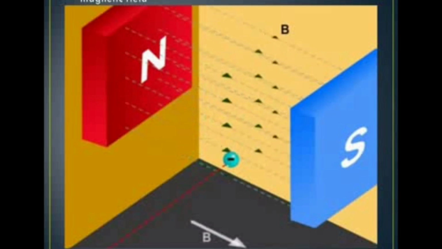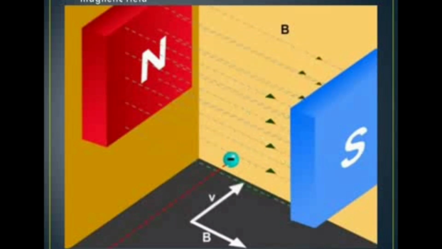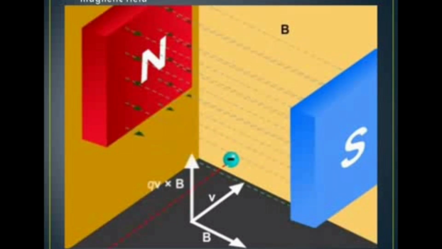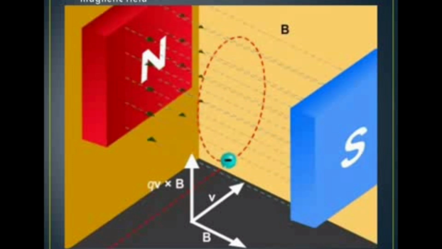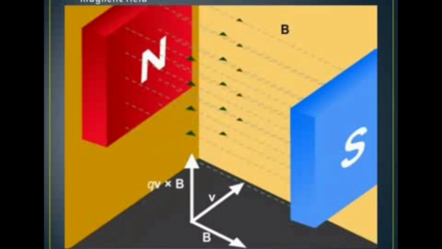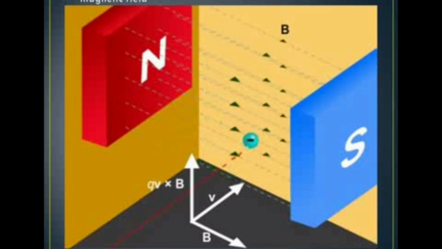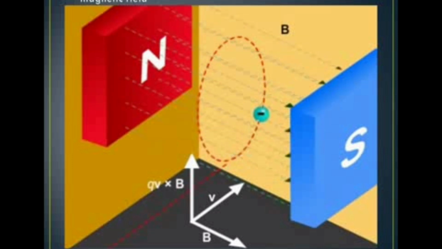So when the charge is moving inside the magnetic induction, V is the velocity, B is the magnetic induction. And B into QV, BQV. So it experiences a force perpendicular to the velocity and magnetic induction. That's why the particles are moving in a circular path. So it is moving like this. So force in an upward direction.